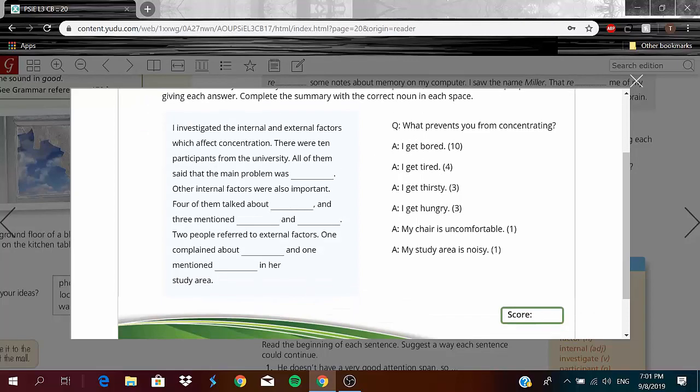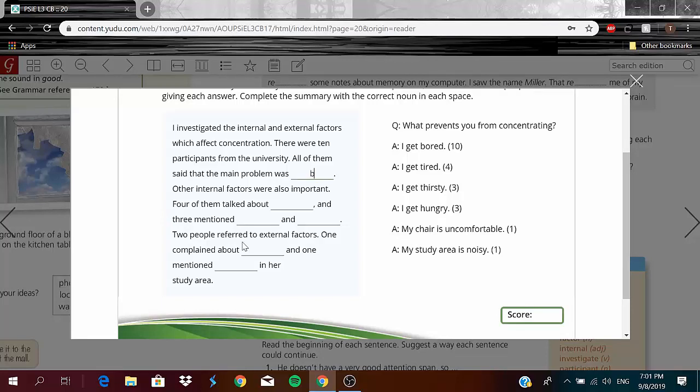Okay, so let's start. I investigated the internal and external factors which affect concentration. There were 10 participants from the university. All of them said that the main problem was, what do you guys think? The main problem was, that's correct, boredom, right?